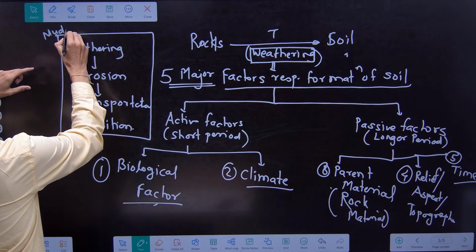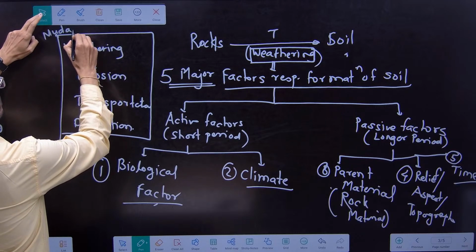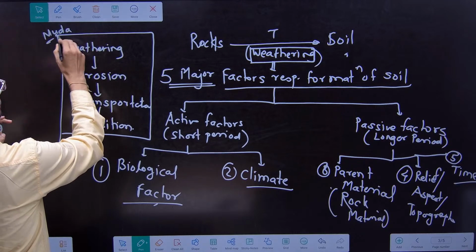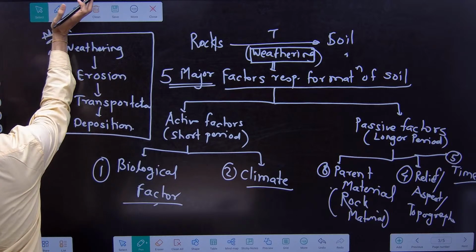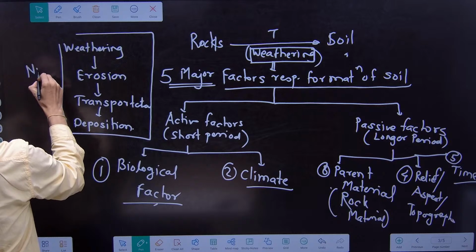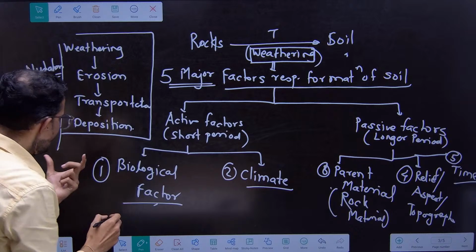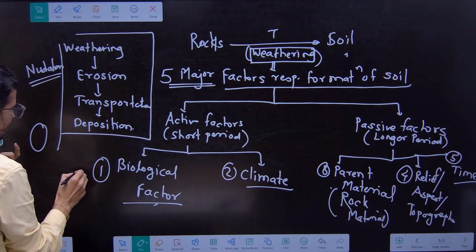What do you mean by the denudation process? The total process for the formation of the landforms. Like if we see, this is one region and this is another region.